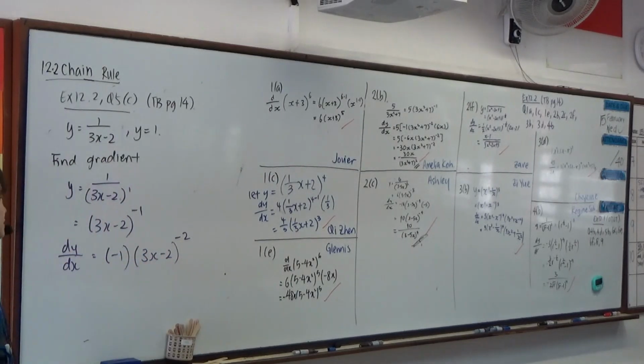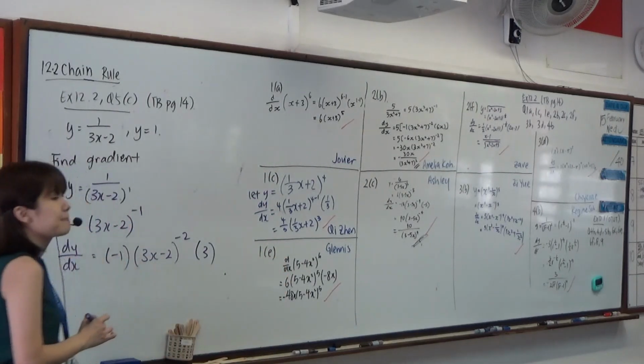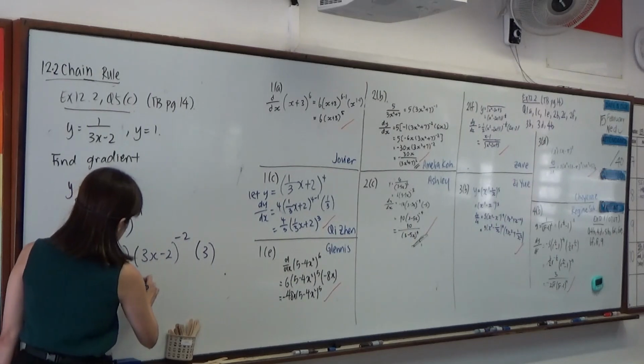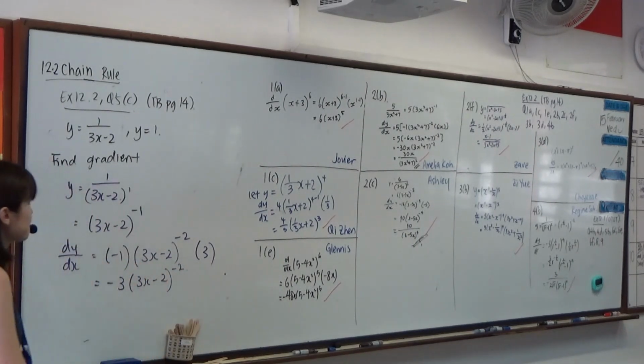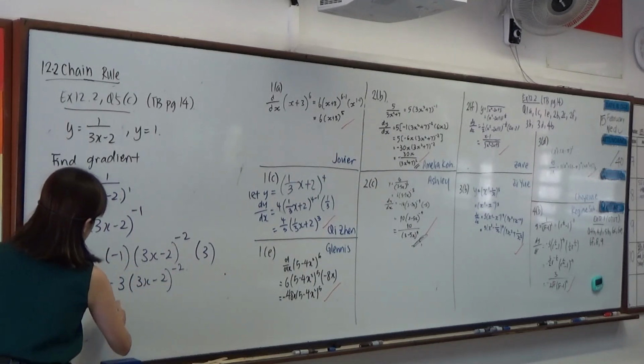Differentiating the inside of the bracket, 3x minus 2, we get 3. So the derivative is negative 3 times 3x minus 2 to the power of negative 2. You can leave it in this form, or bring the 3x minus 2 into the denominator. That's also fine.